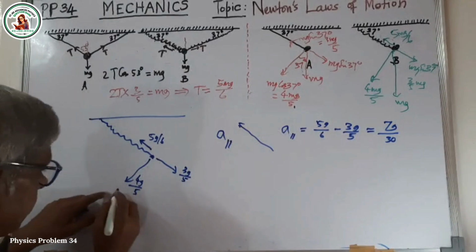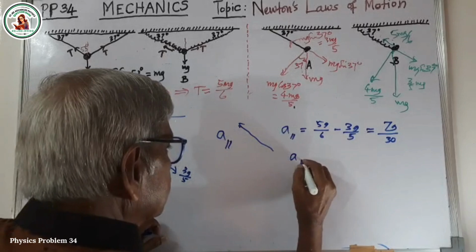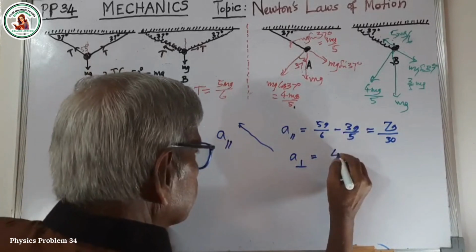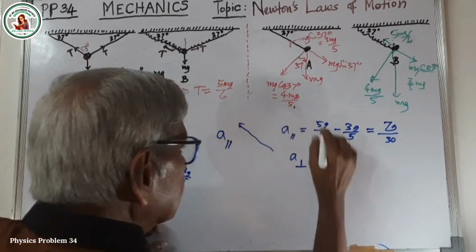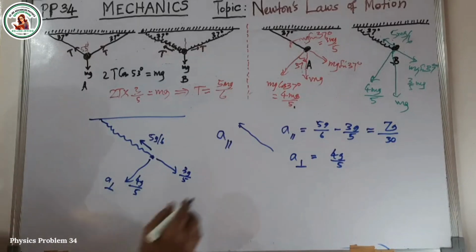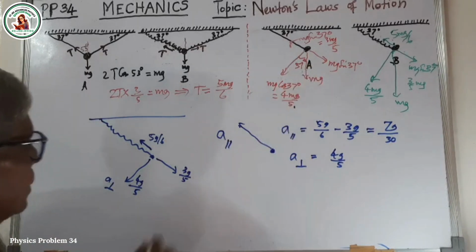The normal acceleration is 4g by 5. The resultant of these two will be the acceleration of the mass attached to the spring.